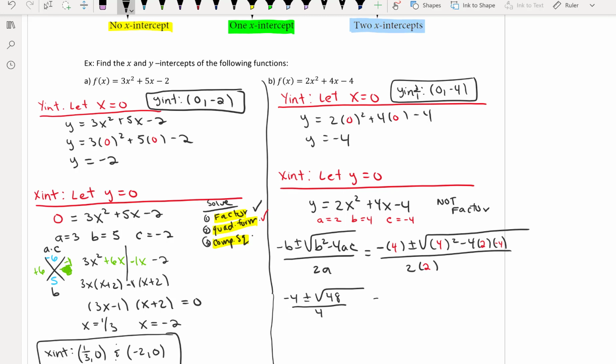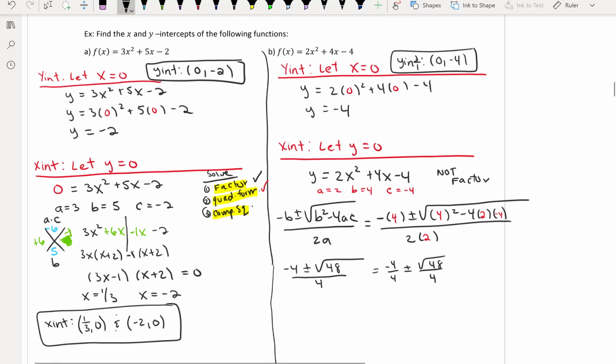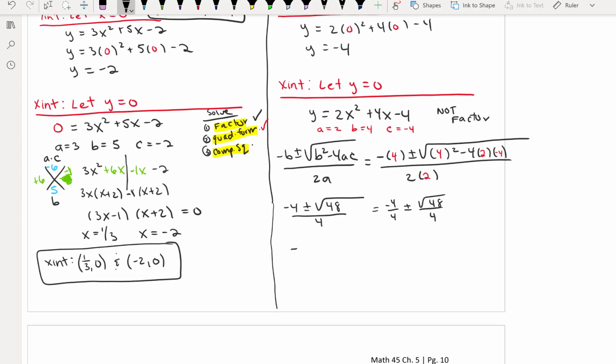So when I simplify this a little bit, I see that I have negative 4 over 4 plus or minus the square root of 48 over 4. That fraction, because it has addition and subtraction up there, means I actually have two equations. So this is actually negative 1 plus or minus. Now if I reduce that square root of 48 over 4, and you can do that on your calculator, it actually is going to reduce to the square root of 3.